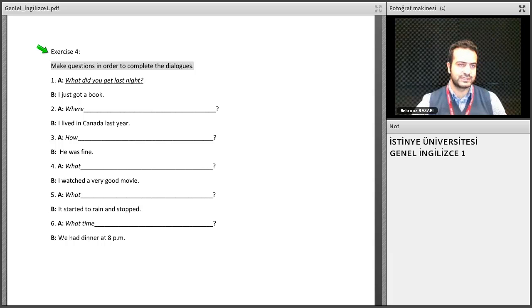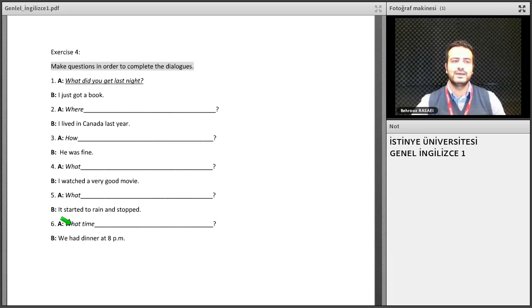Let's go for exercise 4. Make questions in order to complete the dialogues. So we have 6 different answers, and you need to make 6 different questions. Sometimes yes/no, sometimes WH questions, but here we don't have yes/no questions.